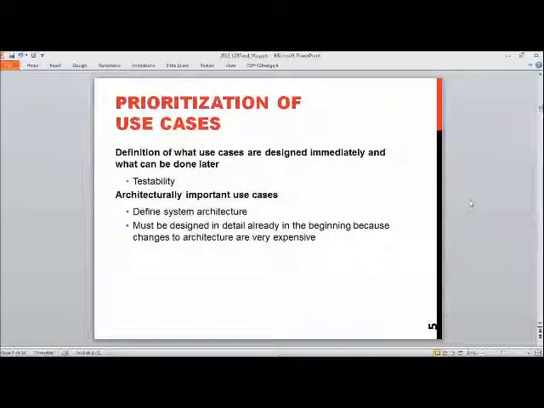So basically, if we have to do changes to these things later, it tends to be really expensive stuff. So not only are we defining use cases to actually make sort of a manual on how the system functions, we are also making use cases to collect the important parts, so that later we can actually ensure that the system probably gets done.